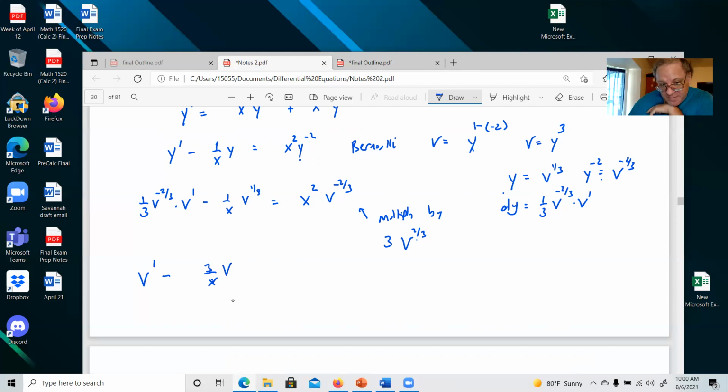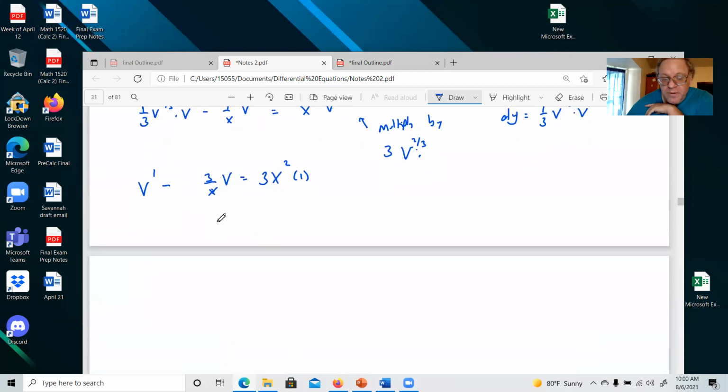That's just going to be v. And we're going to have an x squared v to the negative 2/3 times v to the 2/3. That's just 1. So again, we're back to this first order linear. So we've got it in the position that we wanted.